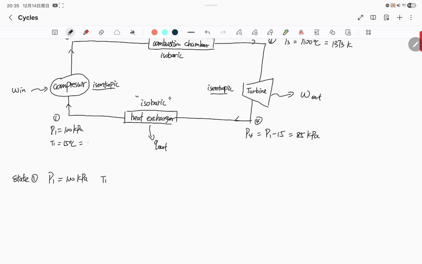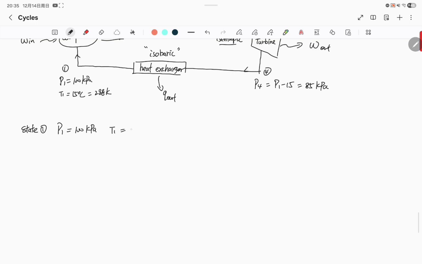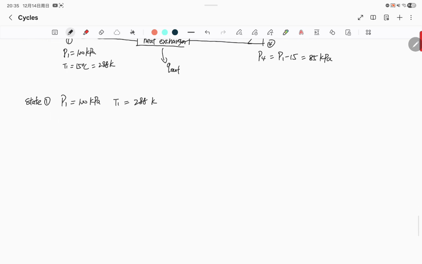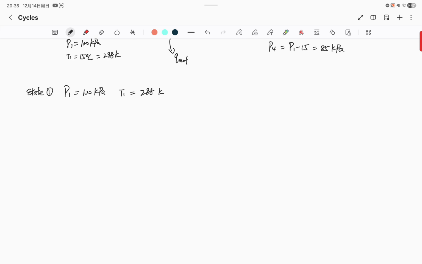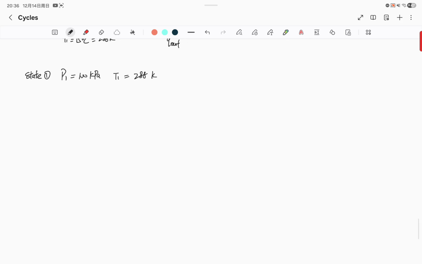And that is, in Kelvin, 288. Almost missed that. Done. So we're gonna need at least 2 independent properties for each state. Once you have 2, you can have more, but you're gonna need at least 2. So that's done for state 1.